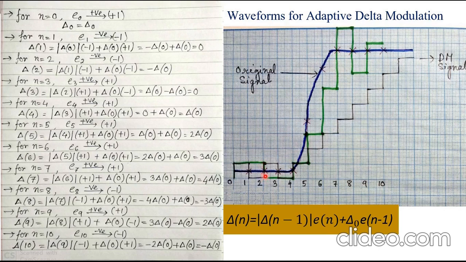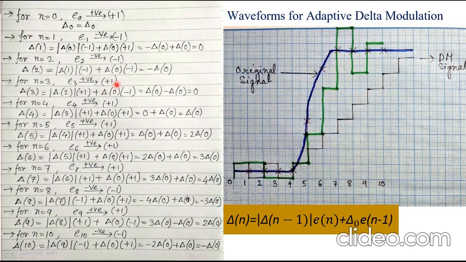Okay. Now for the next, n equal to 3, where original signal is greater than the staircase signal. So error is positive. So E3 is positive. So consider plus 1.